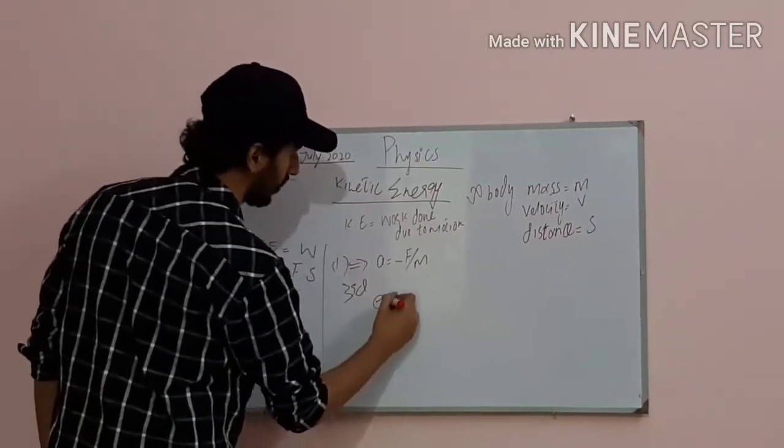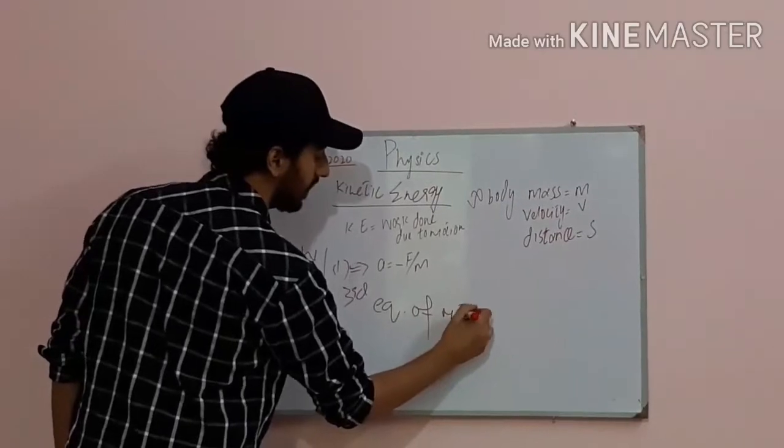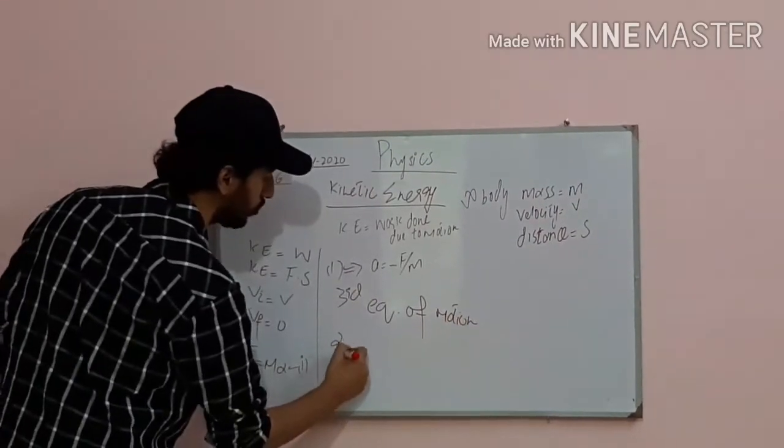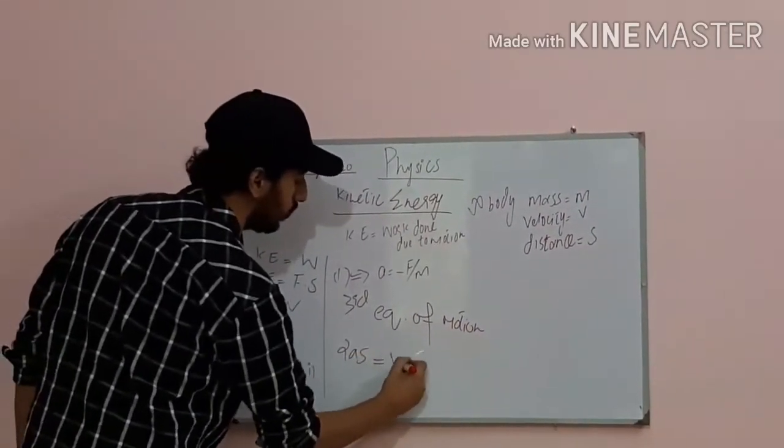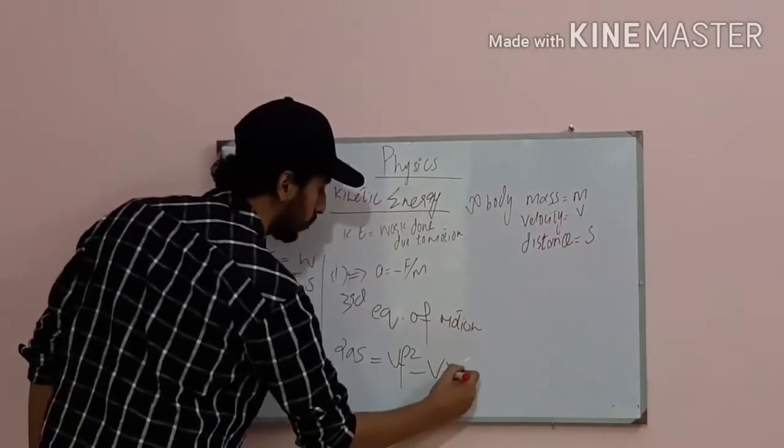Third equation of motion. What is the third equation of motion? 2as is equal to Vf square minus Vi square.